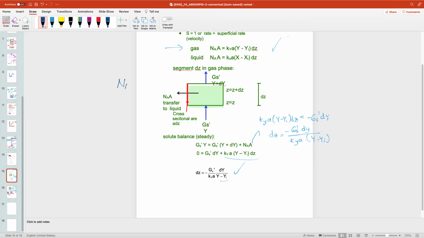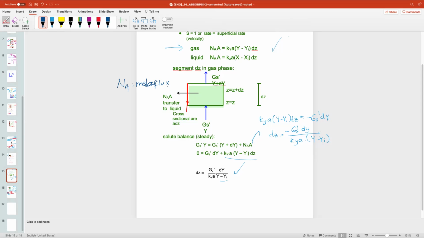NA is the mass flux. Mass flux means molar flux. Molar flux means the rate, or the amount, of the molar transfer of the solute that goes into the liquid.